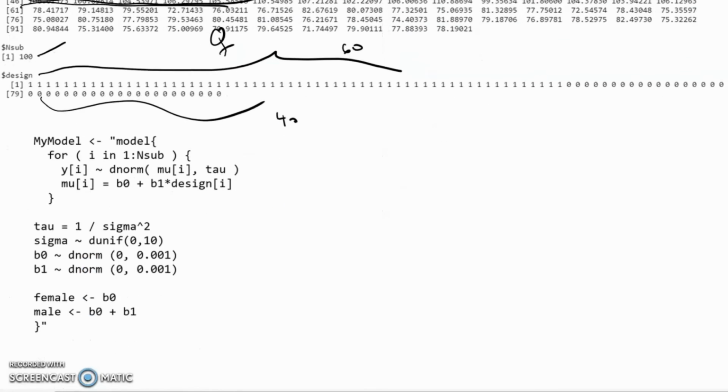We're going to loop through n sub, which is 100. So we're going to loop through all those rows. And here's our likelihood function that says that the yi's are going to be derived from a normal distribution with mean mu i and tau. And we're saying that mu i is going to be equal to B0 plus B1 times design.